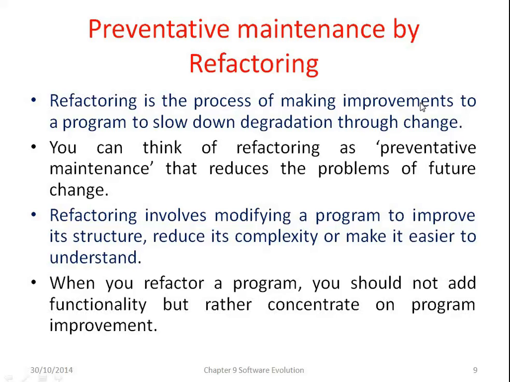Refactoring means making improvements to a program to slow down degradation through change. You can think of refactoring as preventive maintenance that reduces the problems of future change. Refactoring involves modifying a program to improve its structure, reduce its complexity or make it easier to understand.